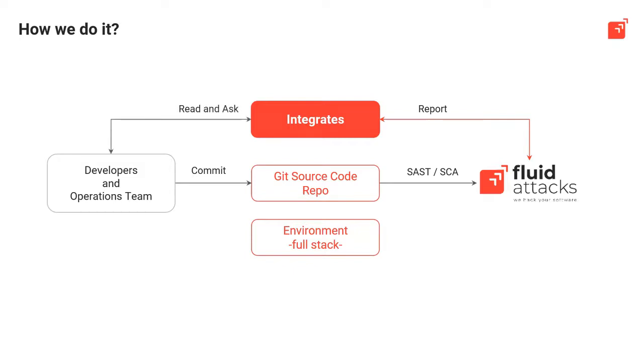He or she then logs in to Integrates and reads all the details to understand what it is. Then, in the next cycle, he or she fixes the vulnerability and performs a new commit. After that, Fluid Attacks tries again, establishing whether the vulnerability has been fixed, whether it remains open, or even whether a new one was injected.